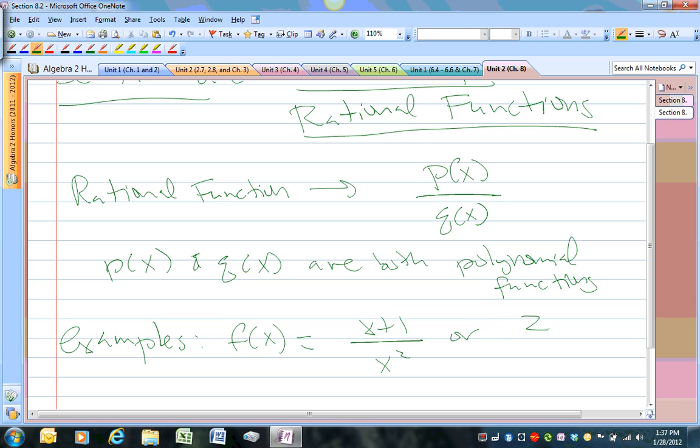Or if I have something like 2 over x minus 3, 2 is still considered a polynomial even though it's one term. That's just like graphing y equals 2. But x minus 3, that's also a polynomial. So as long as you have something over something and they're polynomials, so no radicals or anything like that, or logs or exponential functions, this will be considered a rational function.